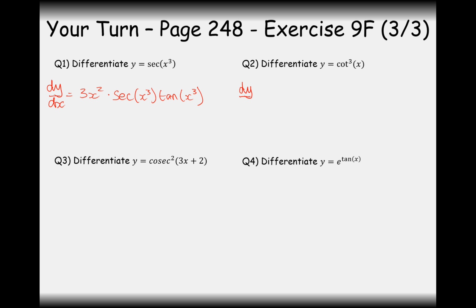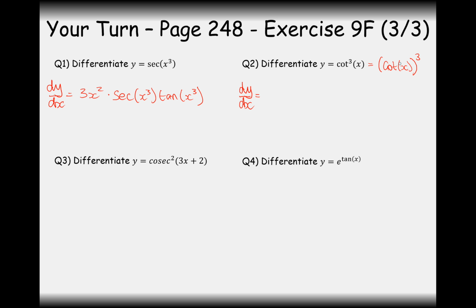Now what's the inside function here? Well, what I'd probably think about this as is the cot function that's being cubed. Just make a note of the difference between this function here, where the cubed is on the inside with the x, and here the cubed is on the outside, so it's the cot function that's being cubed.